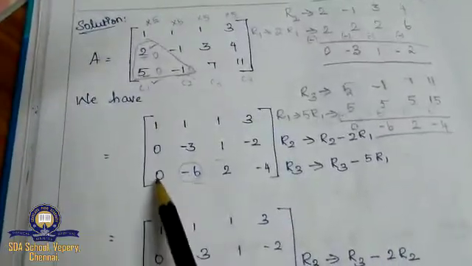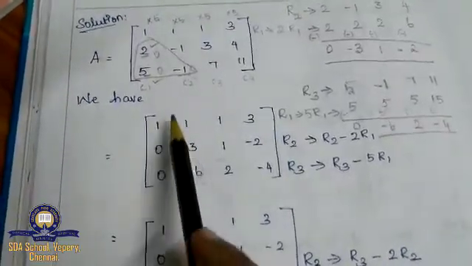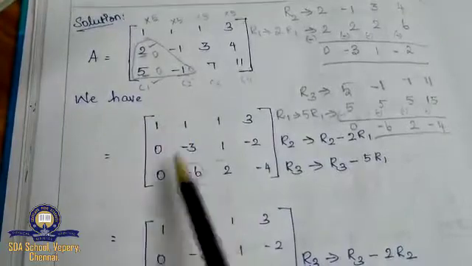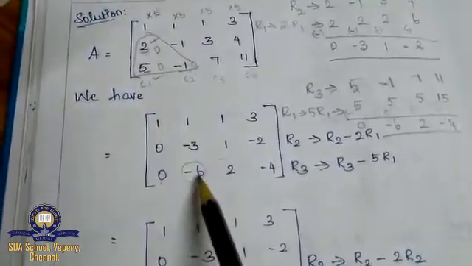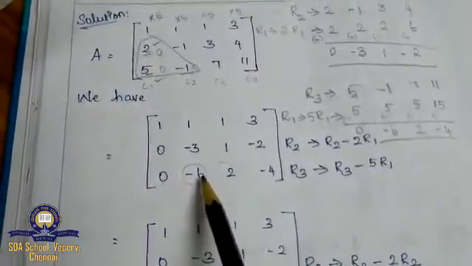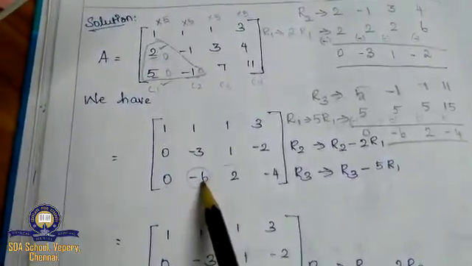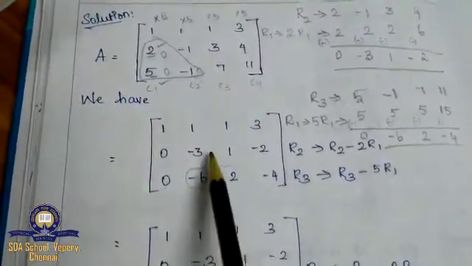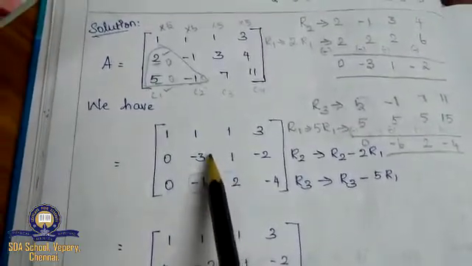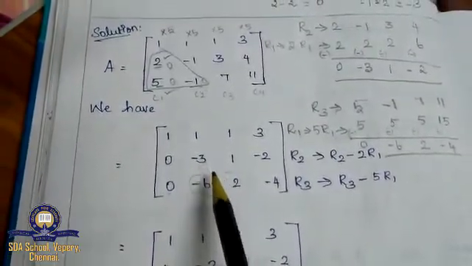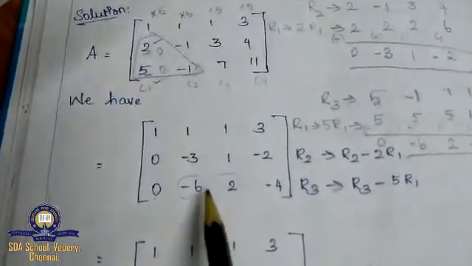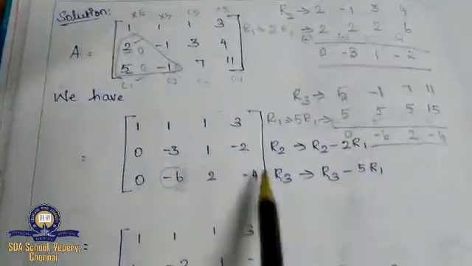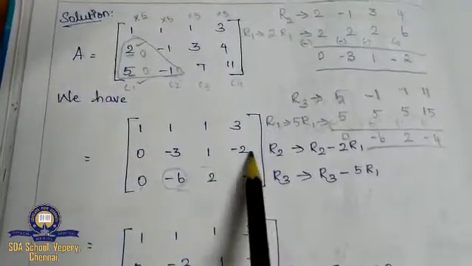But if I subtract this 0 with this one, 0 minus 1 is minus 1, so it will go wrong. So I am going to take these two things only. Now what I said, we have to subtract the lower value from the upper value.